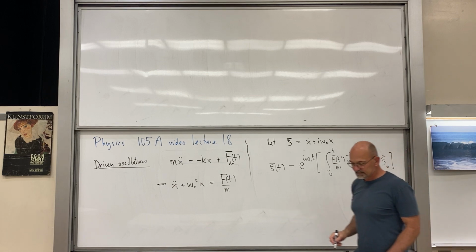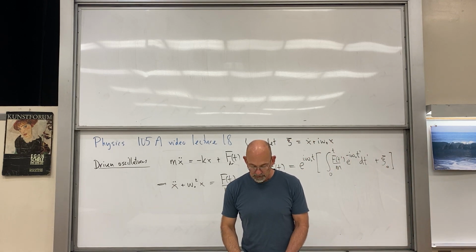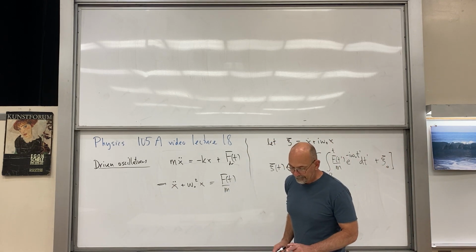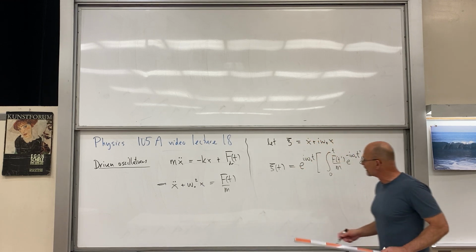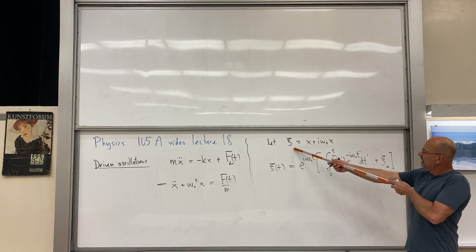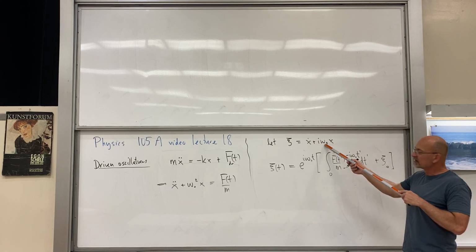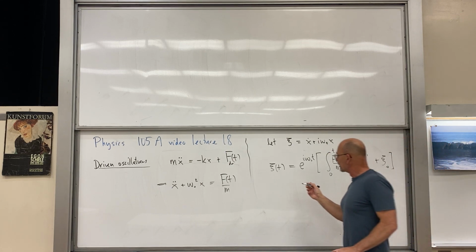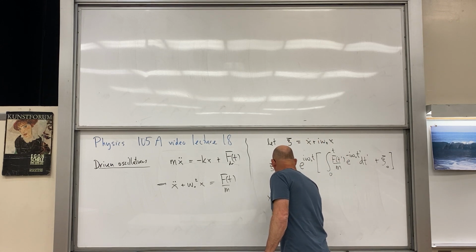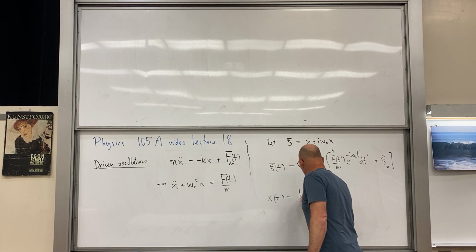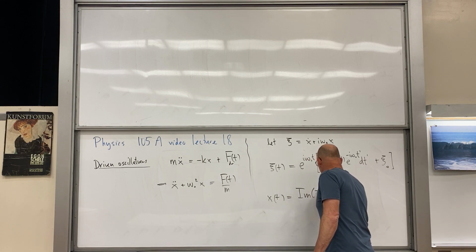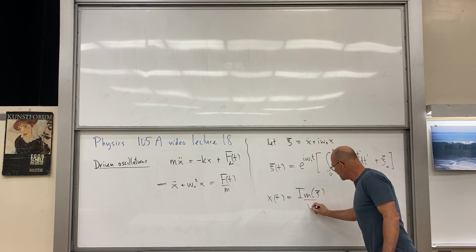So that was our solution. And because we had originally defined our complex quantity like this, we had to take the imaginary part and divide it by omega naught. So x of t is equal to the imaginary part of c divided by omega naught.